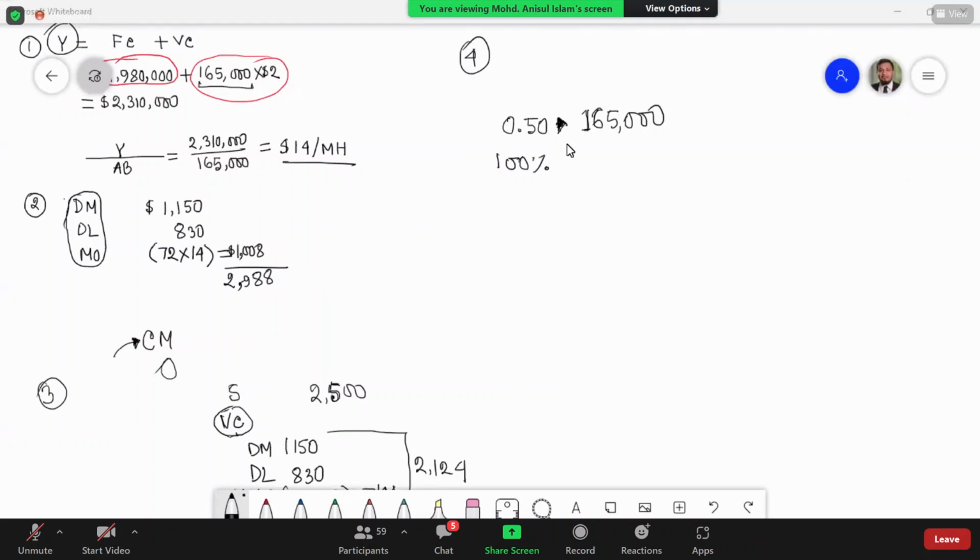Now you see the overhead we estimated earlier, using the 165,000 machine hours capacity. Does this manufacturing overhead reflect the manufacturing overhead at actual capacity?